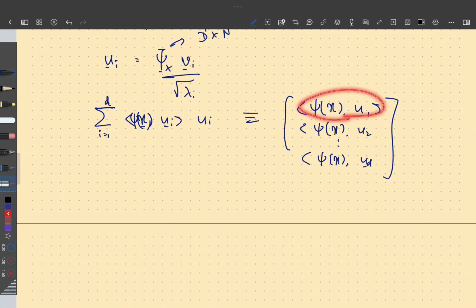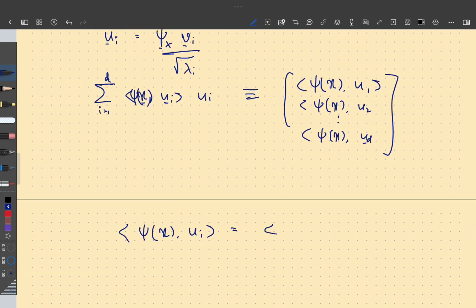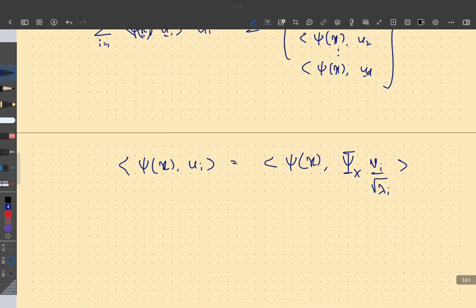But since this can be expressed as a collection of inner products, I can compute this easily. Psi of x comma ui is nothing but the inner product between psi of x and the matrix psi x vi by root lambda i.